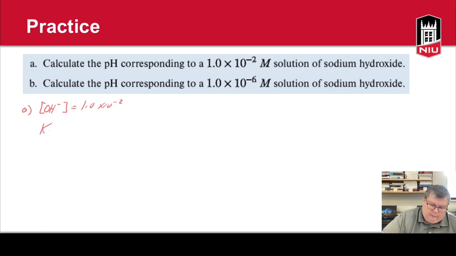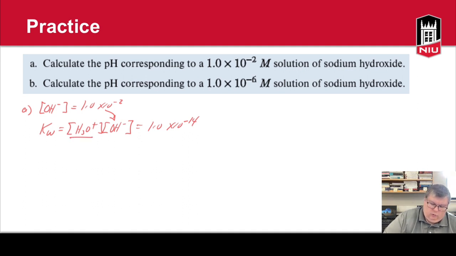I know that Kw is equal to H3O plus times OH minus concentration, and that is equal to 1.0 times 10 to the minus 14. So I can plug in my hydroxide ion concentration and get the H3O plus concentration.